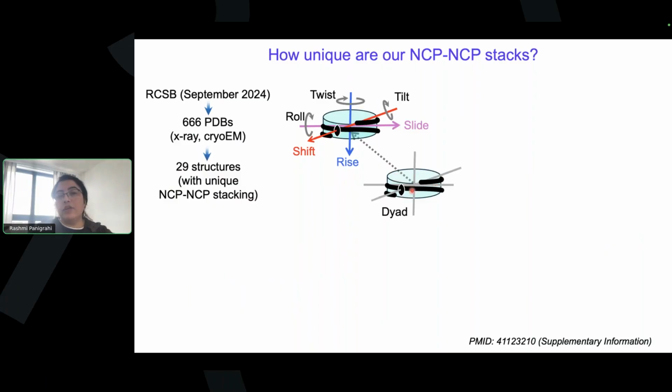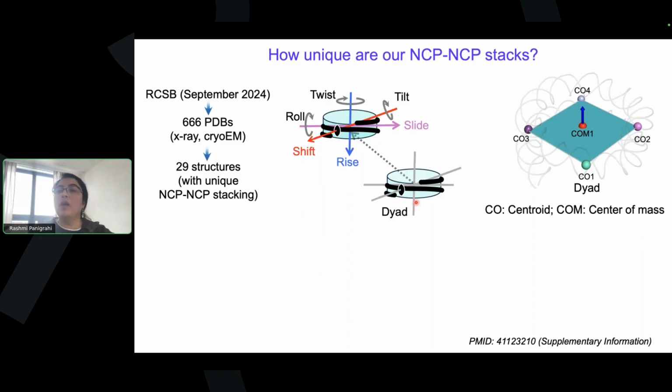In order to understand the orientation of NCP2 with respect to NCP1, we built a reference frame wherein we took the nucleosomes and used all the coordinates of the DNA double helix to identify the center of mass of the nucleosome. We removed the histones and just took the DNA coordinates to identify the center of mass.